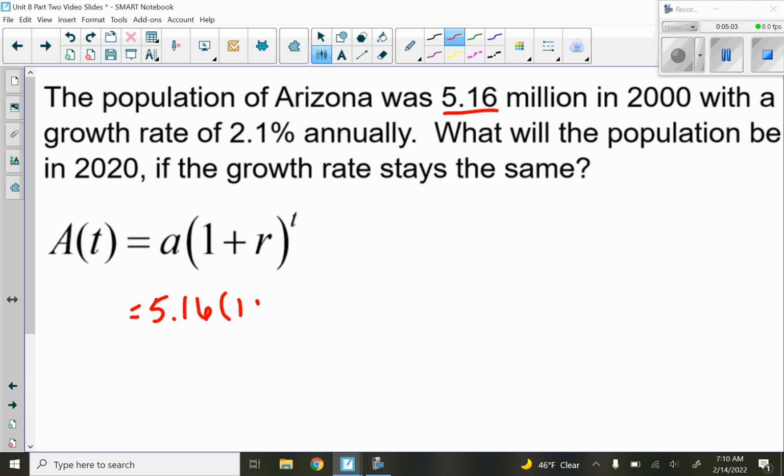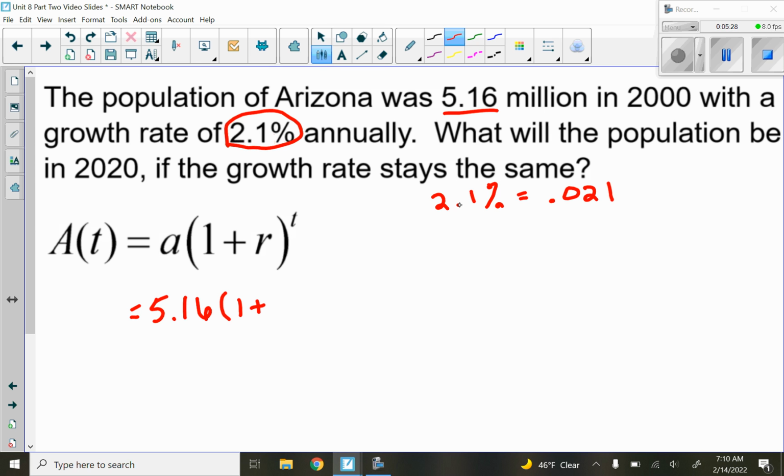Then 1 plus, now this is where you have to be careful. This is a percent, so we need to change it to a decimal. So 2.1% would actually equal 0.021.